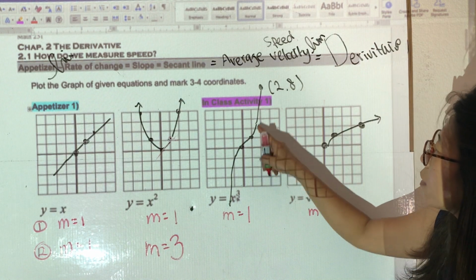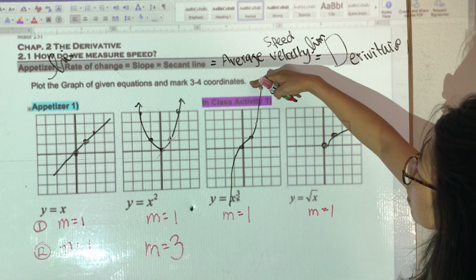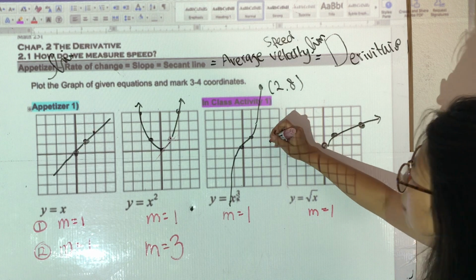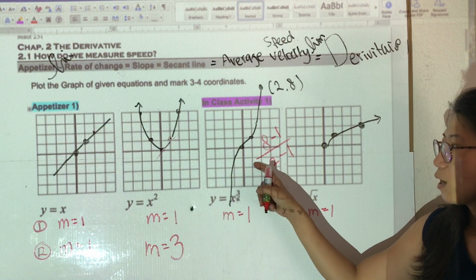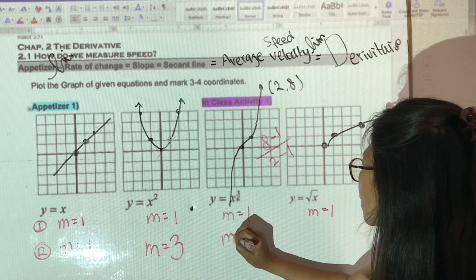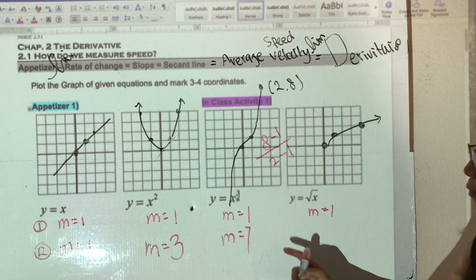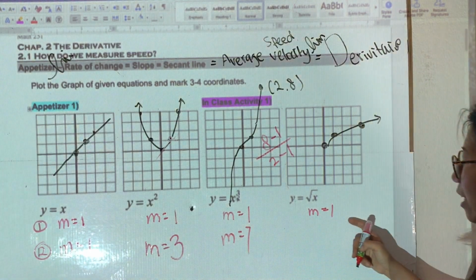How about 1 and 2 here? It's going to increase 7 when it goes by 1. So 8 minus 1 over 2 minus 1, our slope formula. So I get 7 this time. So what can I say? Definitely this one increases faster after 1 second.